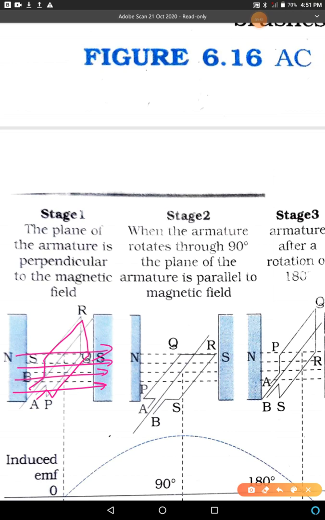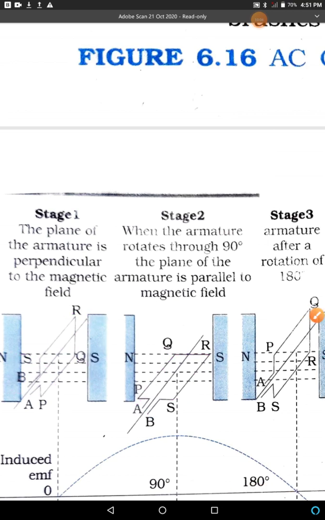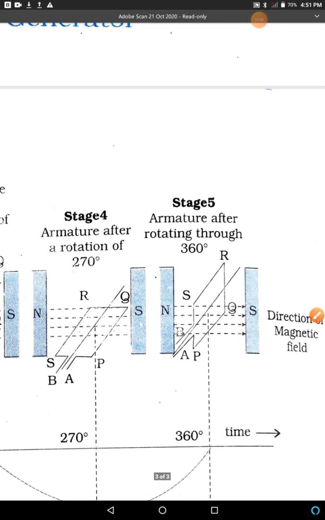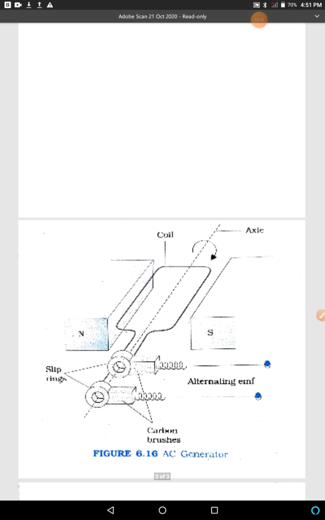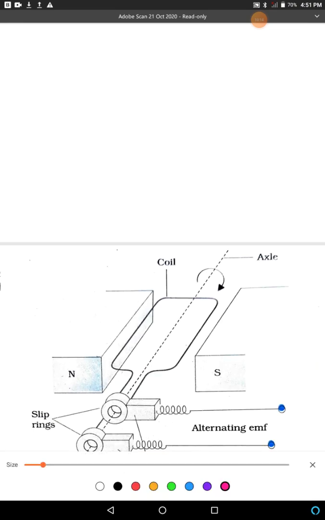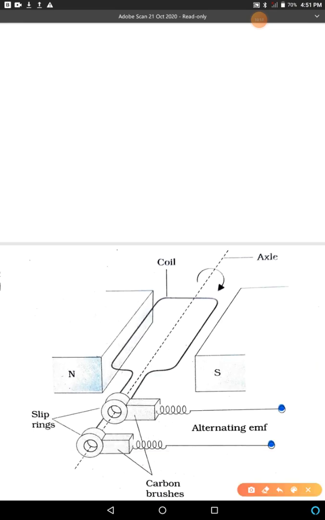When the coil rotates, next it will rotate in the clockwise direction, in this direction. PQRS now appears reversed. Because of some external work, the coil starts rotating in the magnetic field. Let omega be the constant angular speed of the coil.